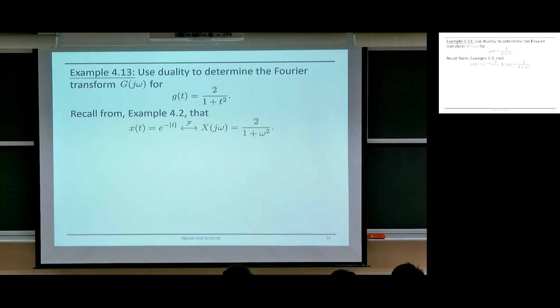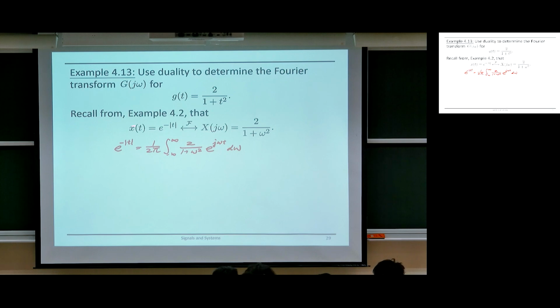All right, so from this relationship here, we know that e to the minus |t| can be written as 1 over 2 pi times the integral of 2 over 1 plus omega squared, e to the power j omega t d omega. Okay?